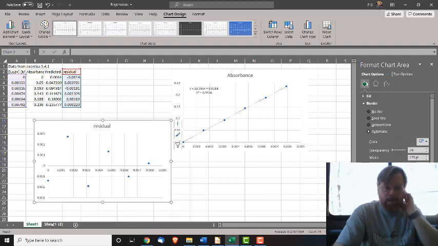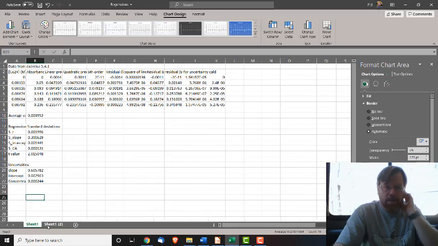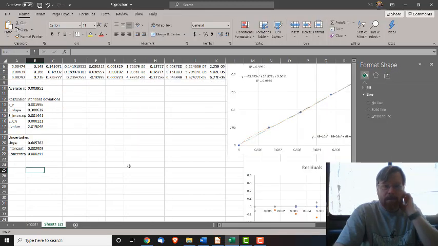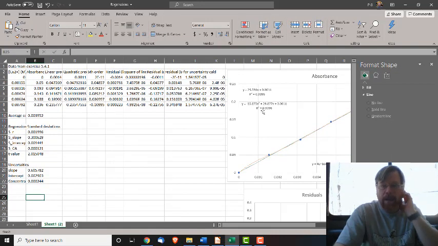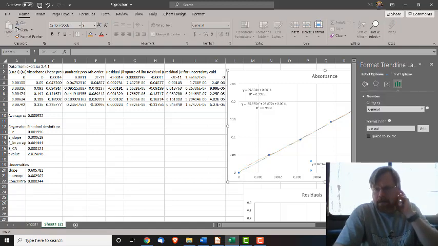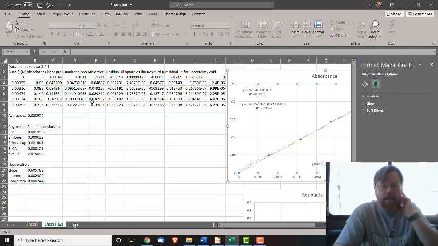For example, though, if you go over here to sheet 2, I've gone ahead and added a second order and fifth order equation here to my trend lines.